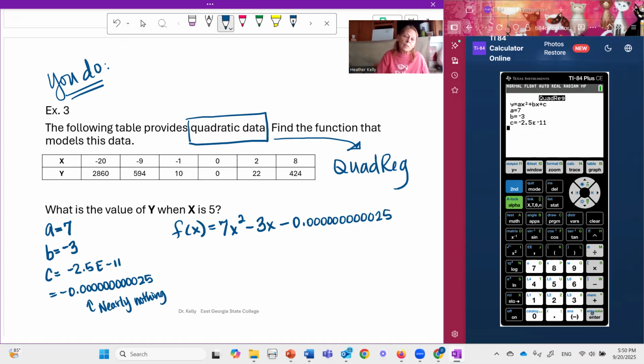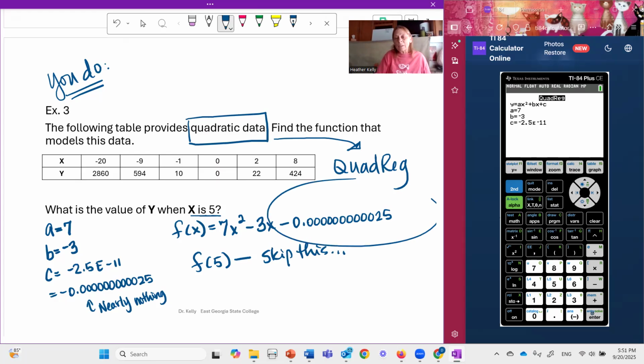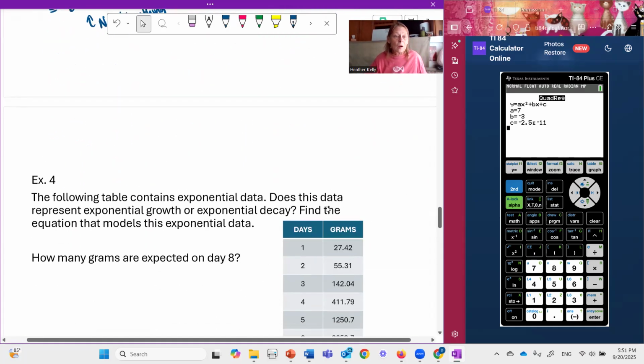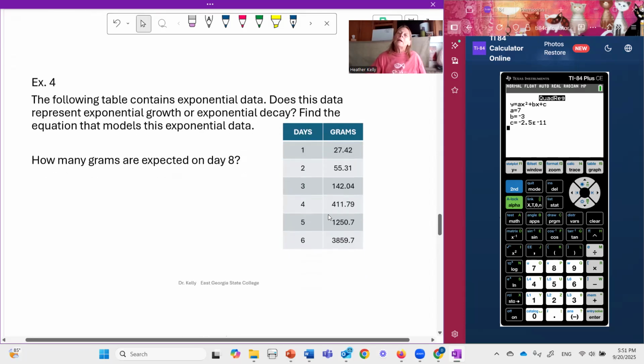Now it also asks what f of 5 is, when x is 5. We just plug it in, but I don't want to deal with this number. I'm too tired. I'm over it. All right, let's keep on going.